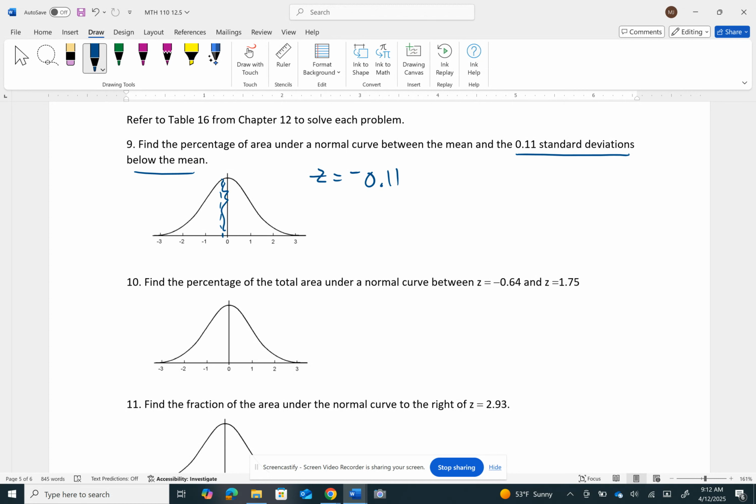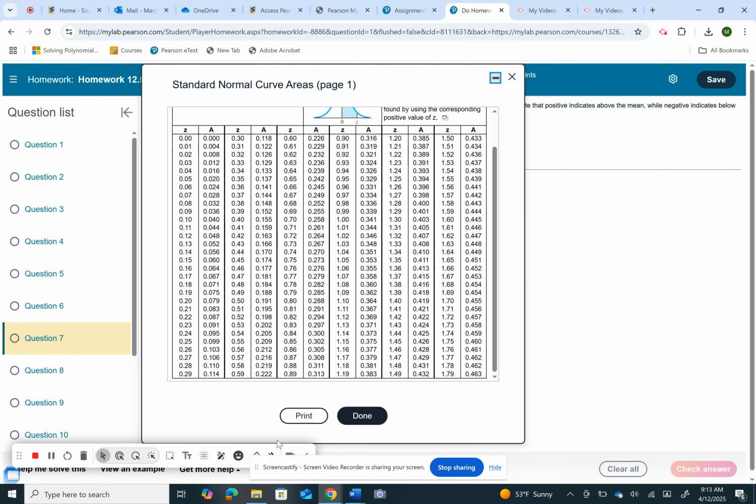So go to 0.11 and get your a value. And it turns out to be 0.044. Let me double check that real quick. Let me go back to my table. 0.11. Yep, 0.044.